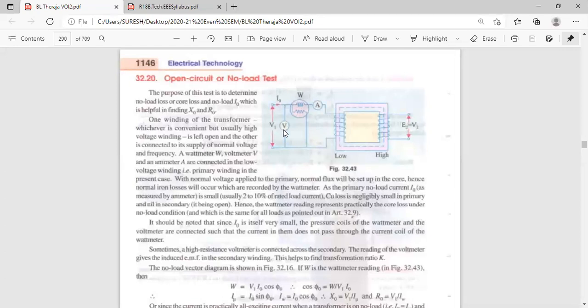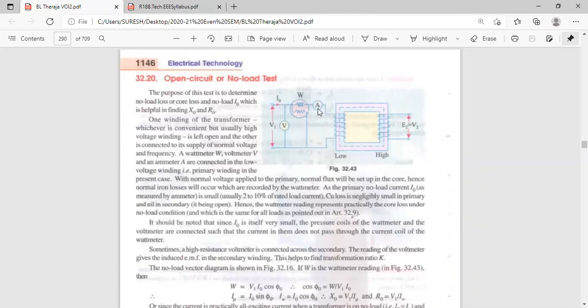Voltmeter is used for measurement of what? To measure the potential difference or voltage. Suppose you apply 230 volts here, this voltmeter will indicate 230 volts. Ammeter, why is it used?